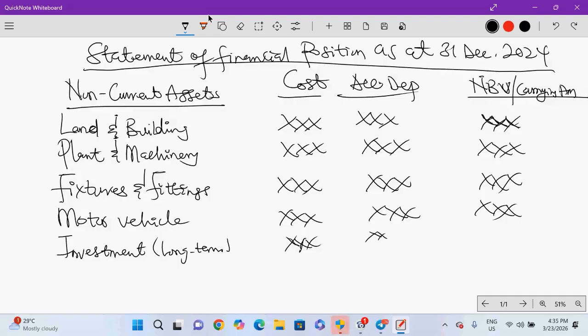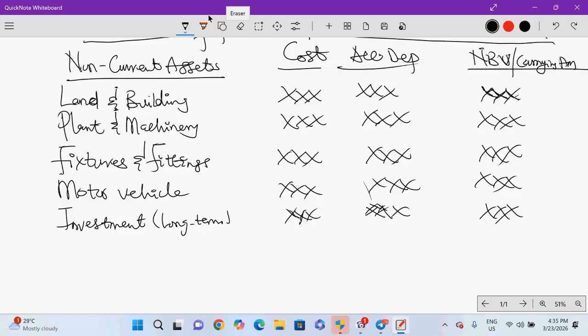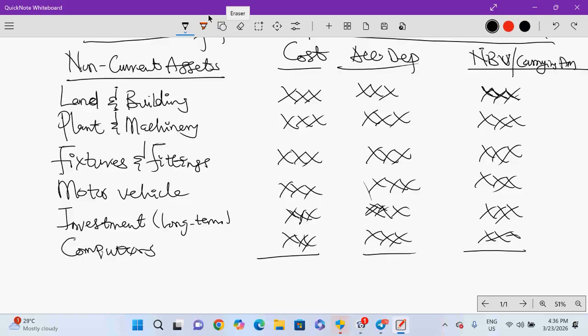Does it sometimes depreciate? Would we say investment depreciates? If they give you a depreciation, then you use it. If they don't give you the depreciation, don't use it. What else? Computers, okay, and many more. So there are many more.